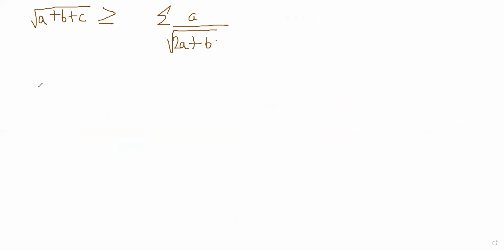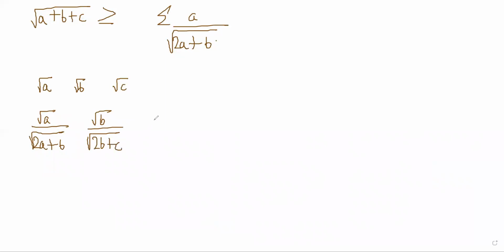The way I apply it is, look at this sequence of numbers: root a, root b, root c, and root a by root 2a plus b, root b by root 2b plus c, and root c by root 2c plus a. Why have I selected these numbers? Because when you do a product like this, you will get the terms that you need on this side, right?